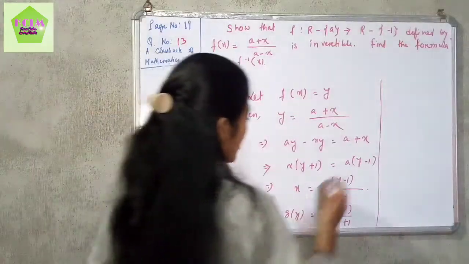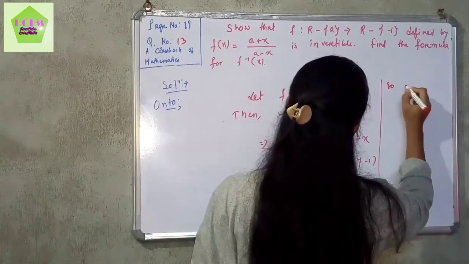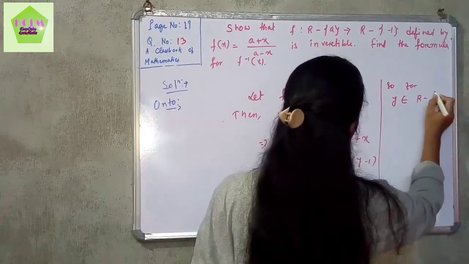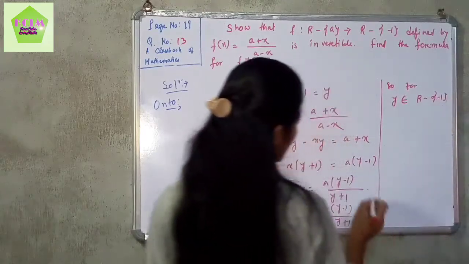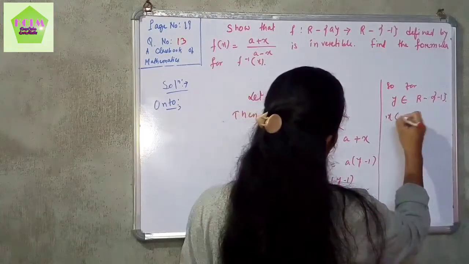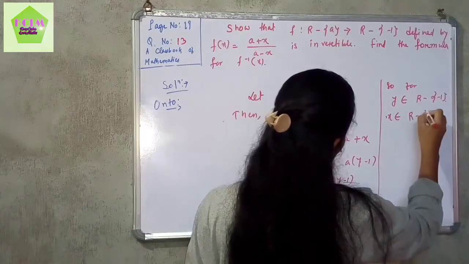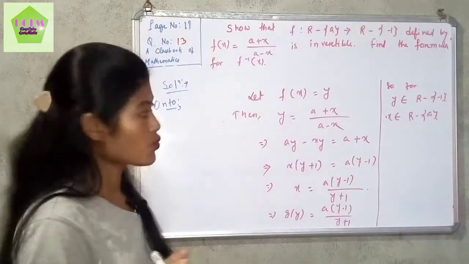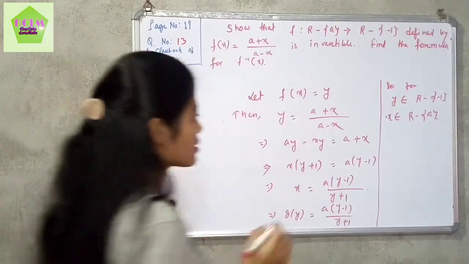So y belongs to R minus 1, then x belongs to the domain, R minus a.